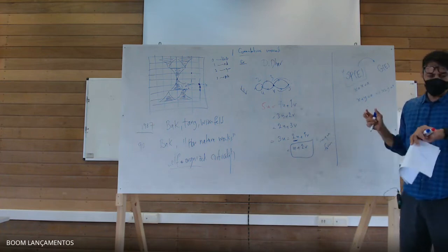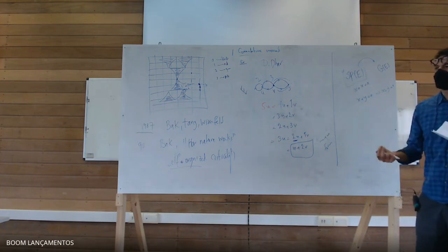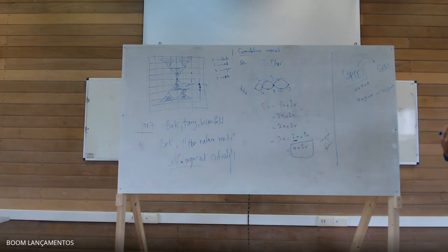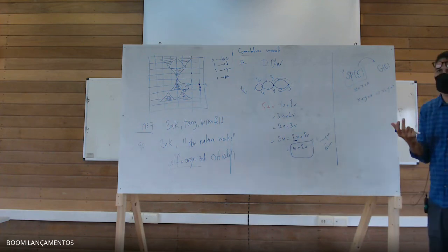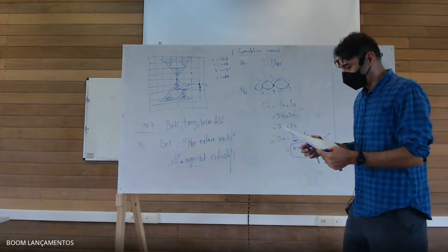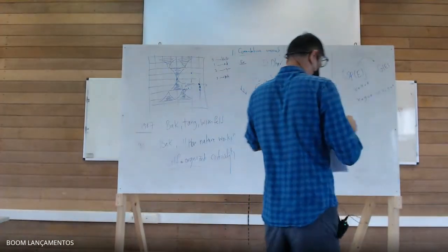But before that, I have to tell you about the actual definition of monoid, which is the simplest algebraic object in a way, because you can just add things. Okay, so let me start from there.